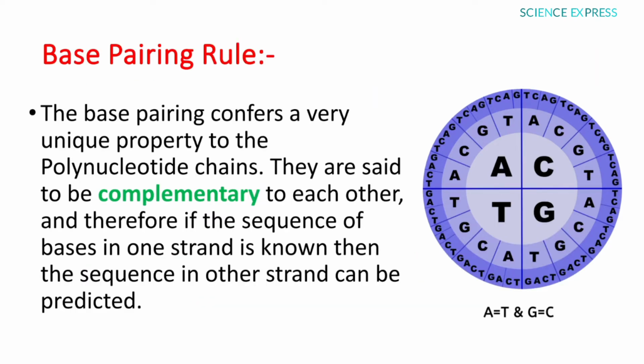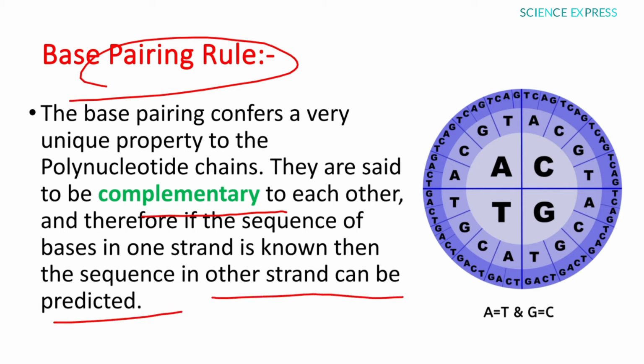Clear? Now we discuss the base pairing rule. The base pairing rule confers a very unique property on the polynucleotide chains. They are said to be complementary to each other, and therefore if the sequence of bases in one strand is known, then the sequence of the other strand can be predicted.